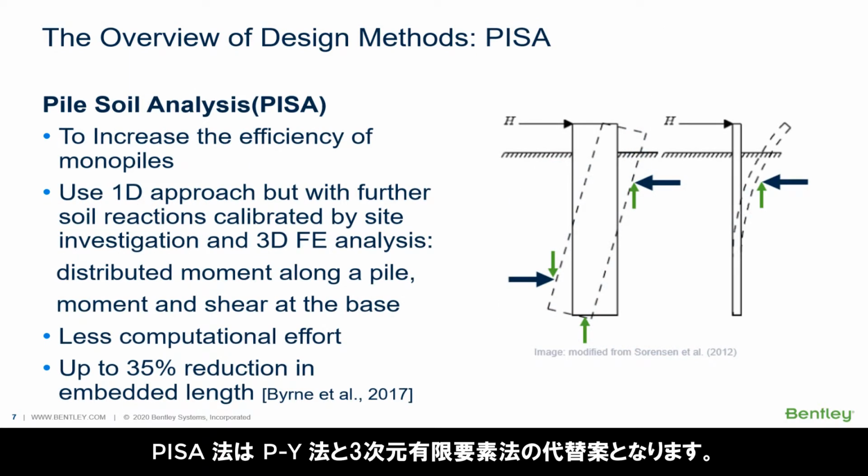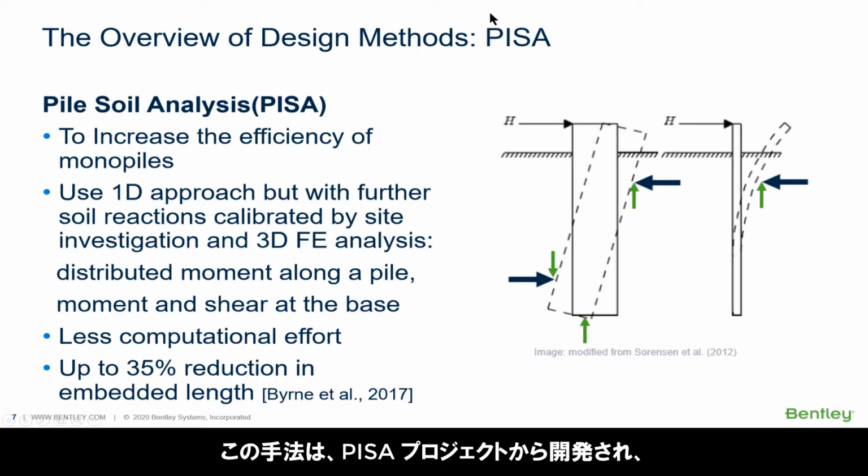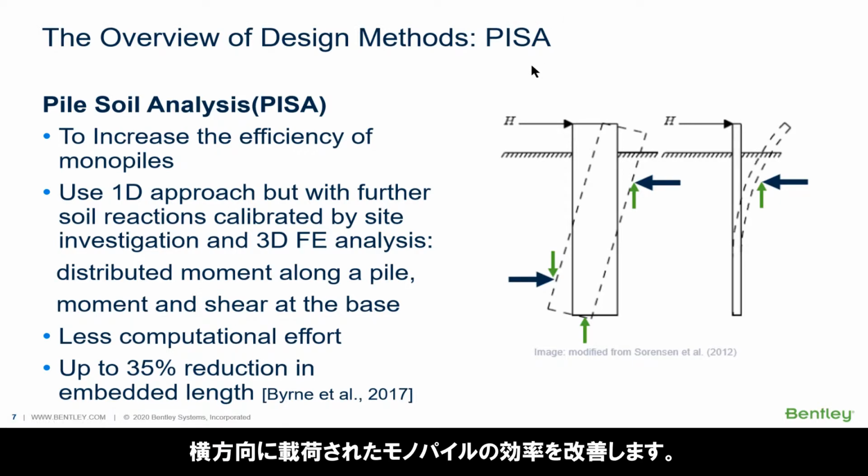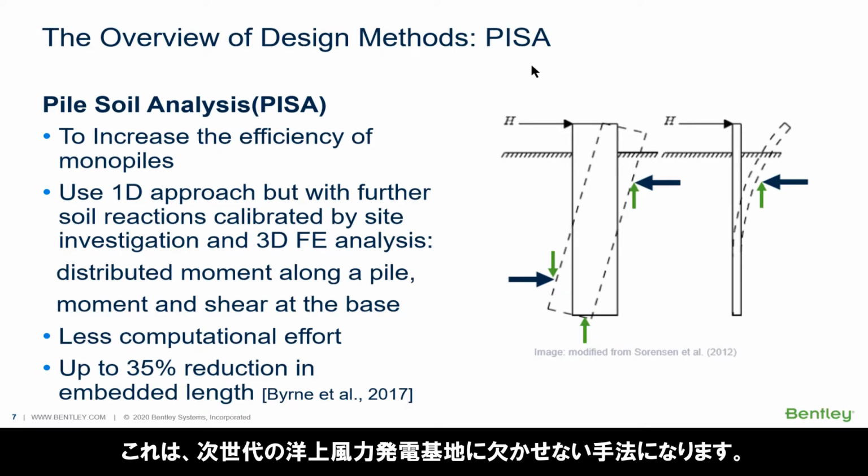The PISA method is an alternative to the PY method and 3D FE analysis. This method was developed from the PISA project to improve the efficiency of the design of laterally loaded monopiles. This is a key for future generation offshore wind farms.